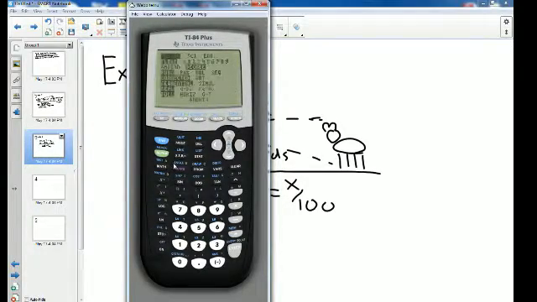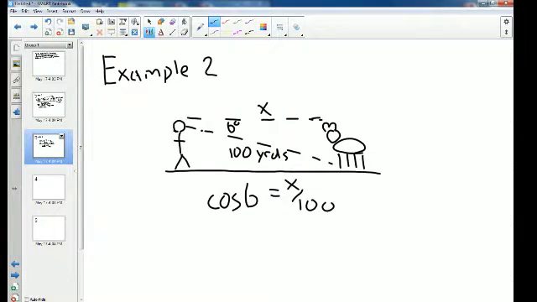Let me check. Okay, it is in degree. 0.99, which is equal to x over 100. So, like the other problem, you'll need to isolate x by itself. So multiply both sides by 100.